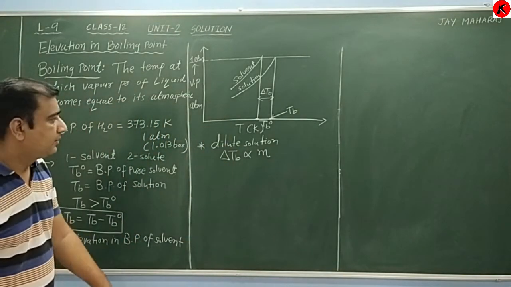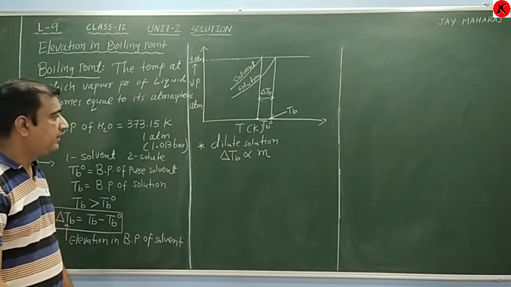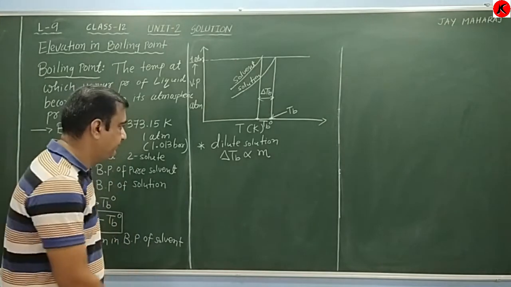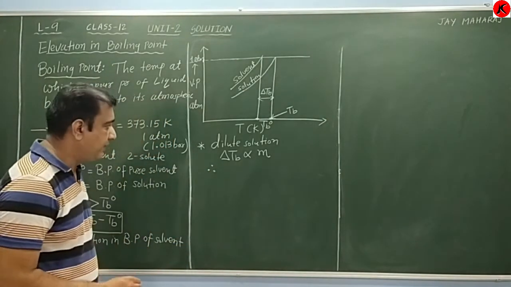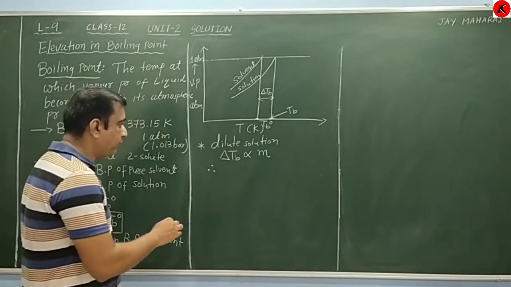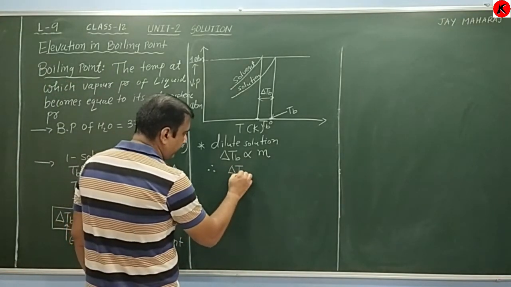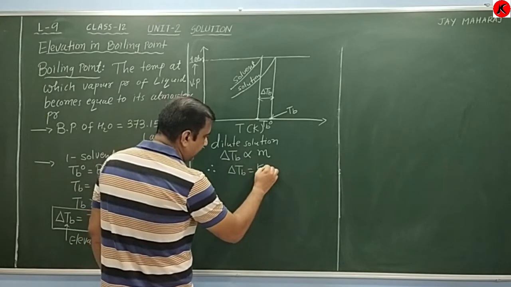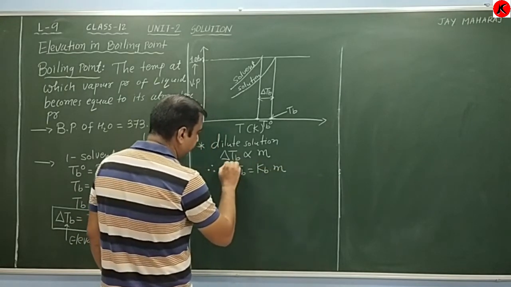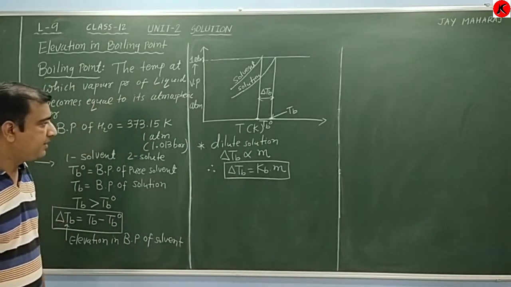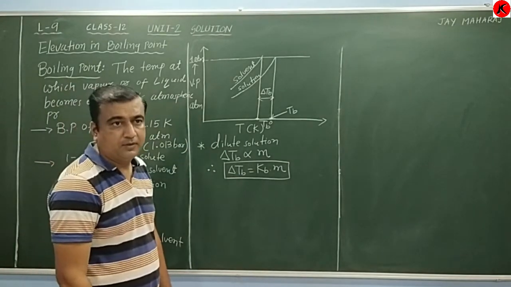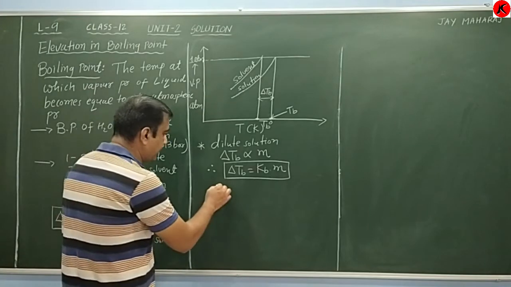What is m? m is the molality of the solution. Now when this proportionality is removed, we have to add a proportionality constant, that is Kb. That means Kb into m. So remember this formula: delta Tb equal to Kb into m, where Kb, what is Kb?